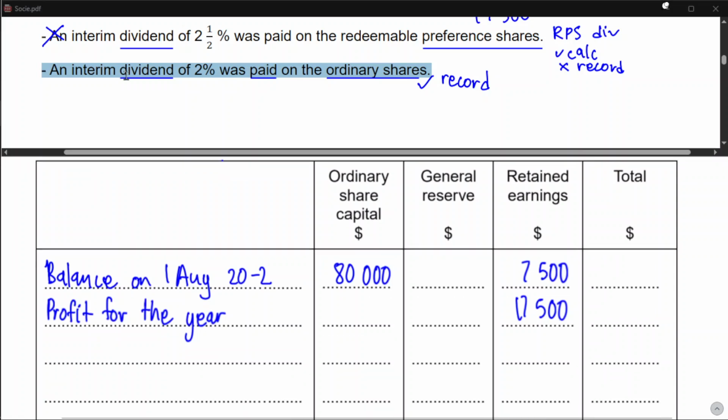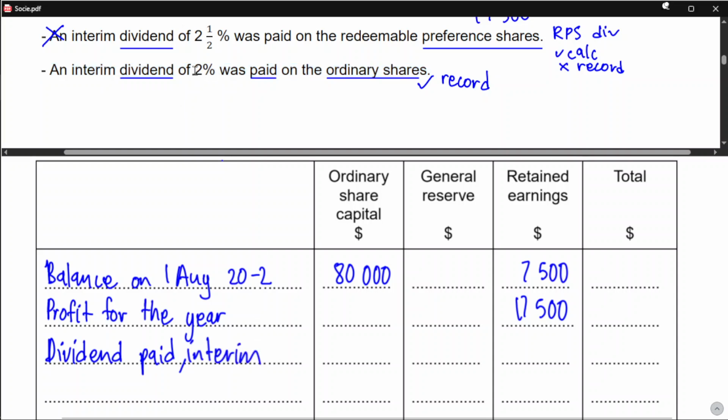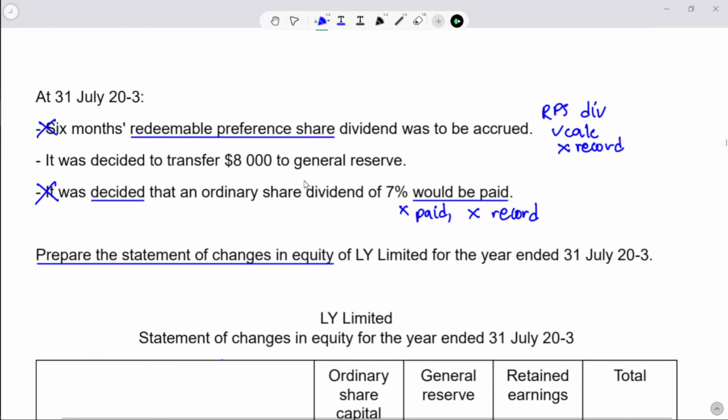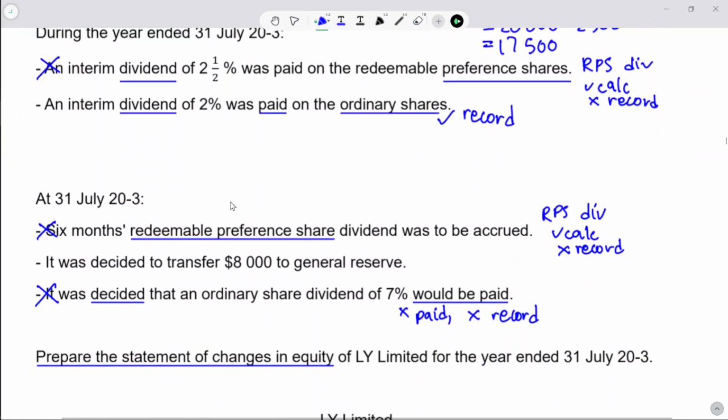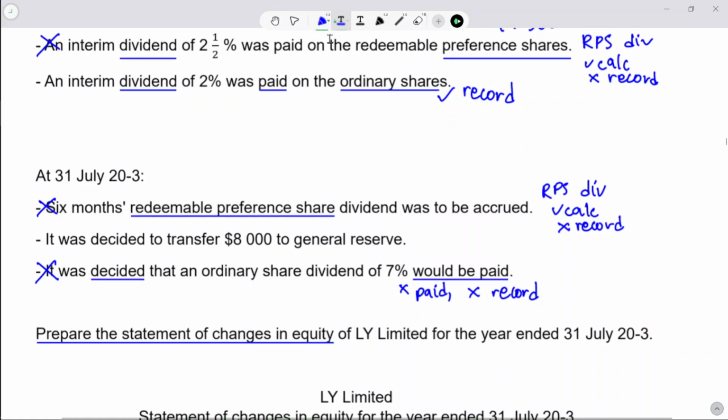So let's say dividend paid, the actual interim. Oh yeah, you want 2% more. Okay, let me calculate it. So you refer to 2%.